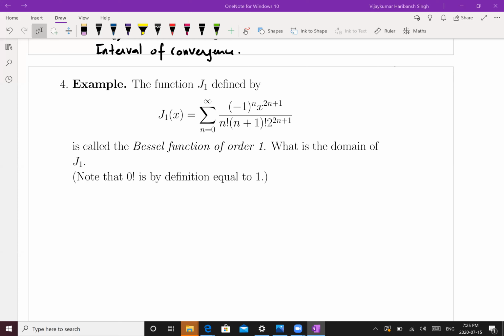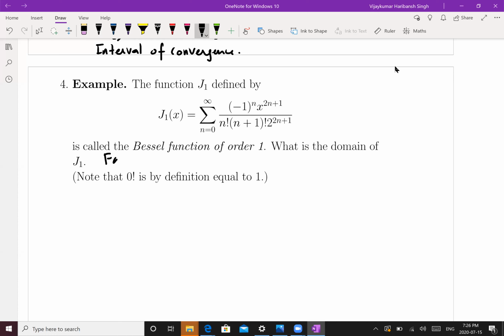So consider the following function. It's called Bessel function of order 1. What is the domain of this function, J1? When you ask what is the domain of this function, it's essentially asking for what values of x does this series converge, right?